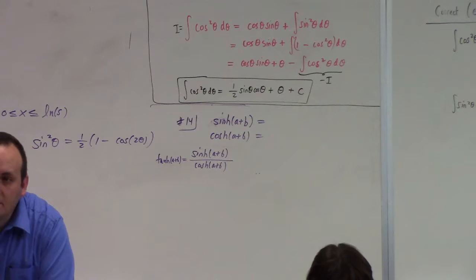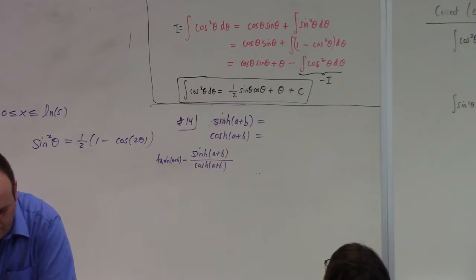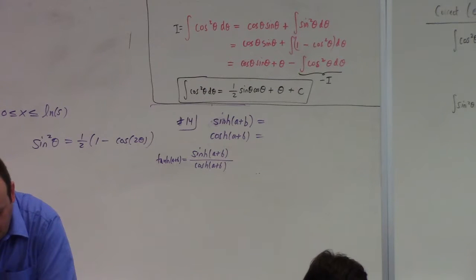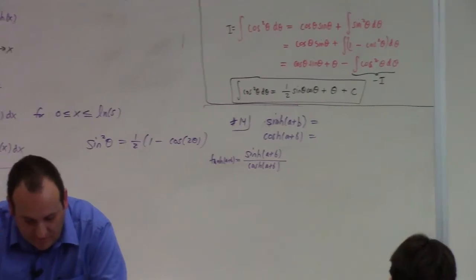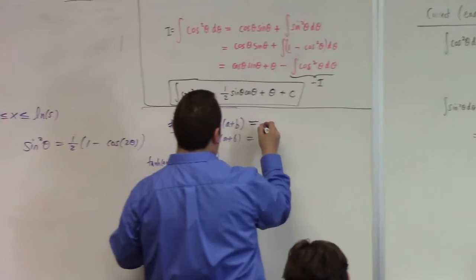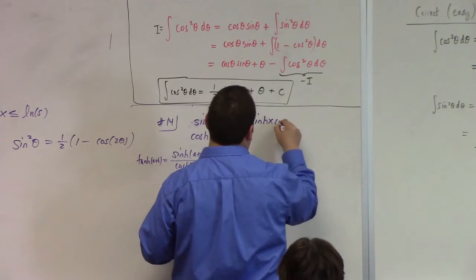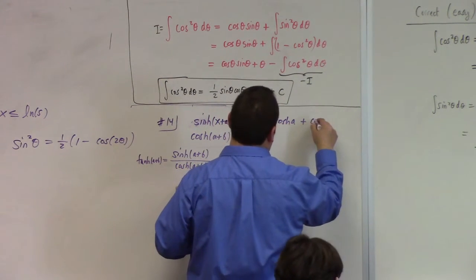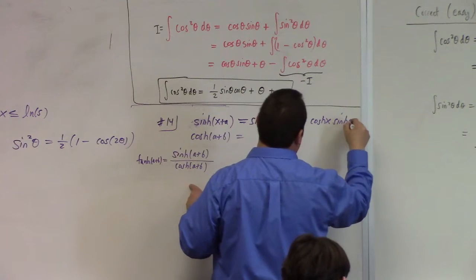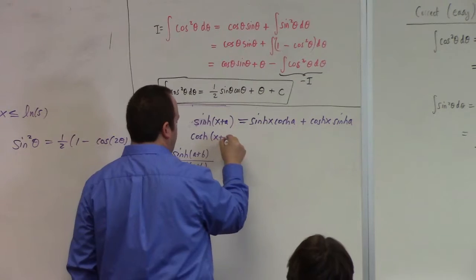But yes, sir. I have a question on the cosh identity for the sum. Why is the sign slightly different than the cosine for this formula? Well, one way to see that is if you take the sinh identity, which is sinh cosh plus cosh sinh, right? Let me say x plus a. So sinh x cosh a plus cosh x sinh a. One way to understand that is you can differentiate the sinh identity to get the cosh identity.